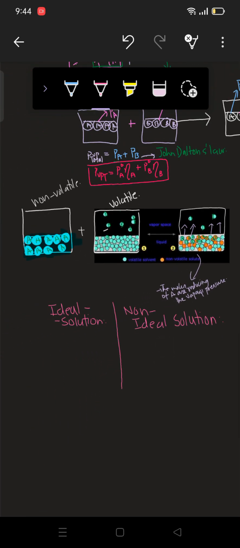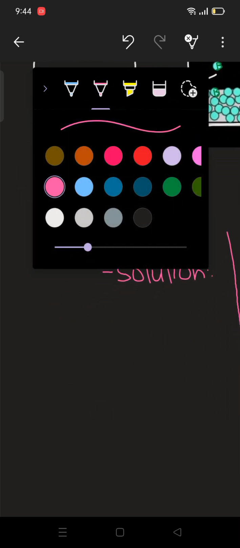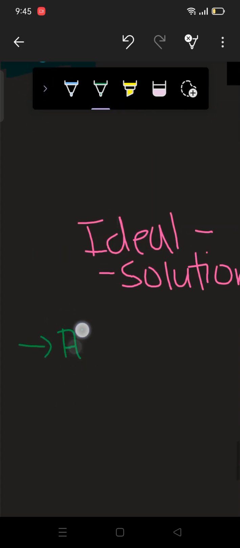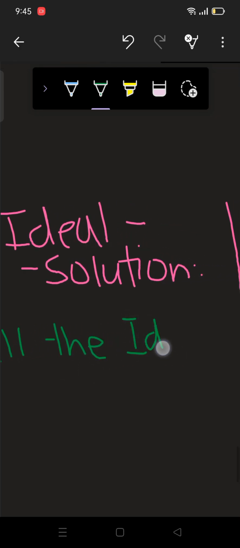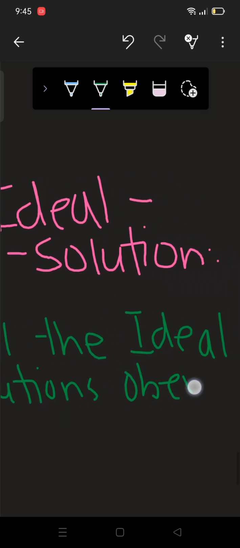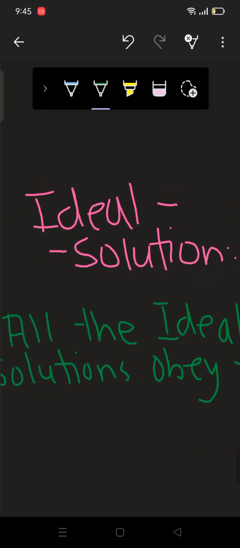All those solutions are ideal solutions which obey Raoult's law. So all the ideal solutions obey Raoult's law.